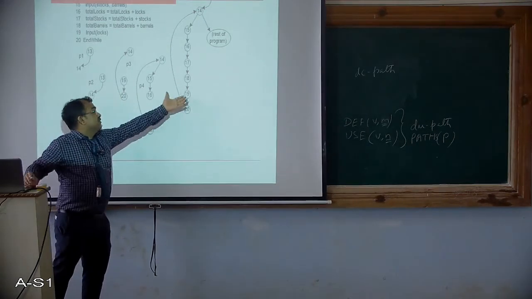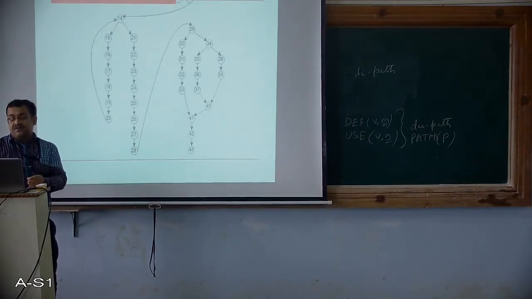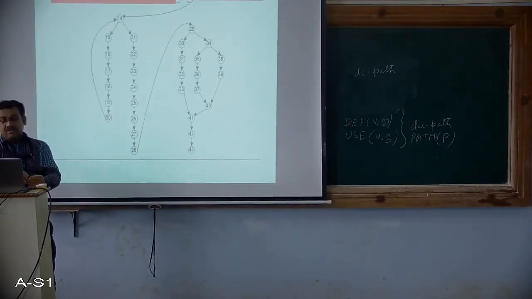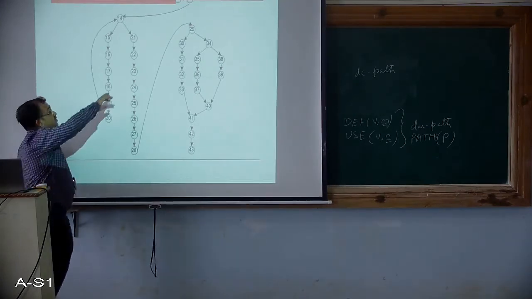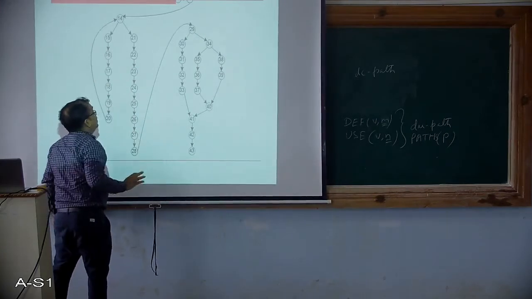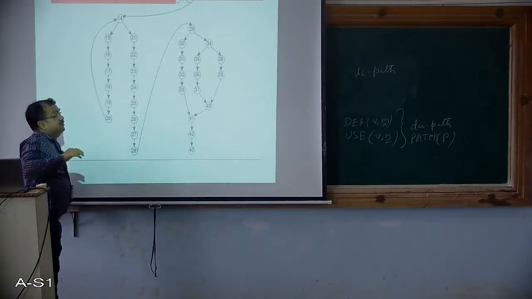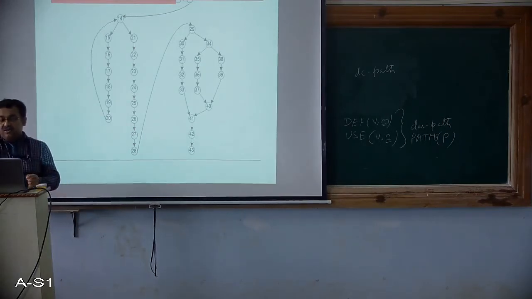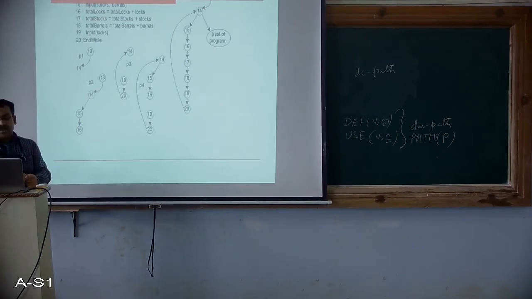These are subgraphs of this graph, and this graph is a subgraph of this graph. It basically starts from 13 to this component, which we are analyzing: 13, 14, 15, 16, 17, 18, 19, 20 back to 14.